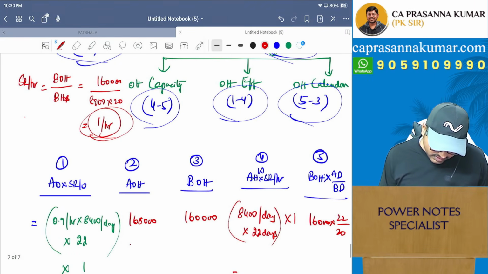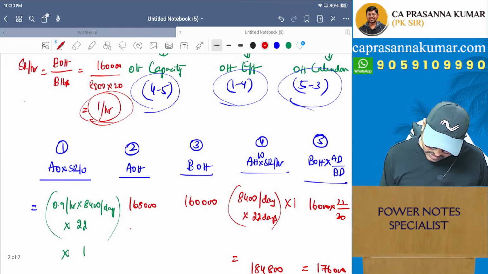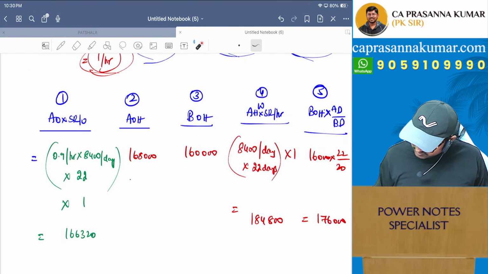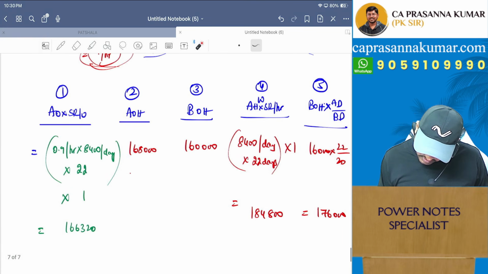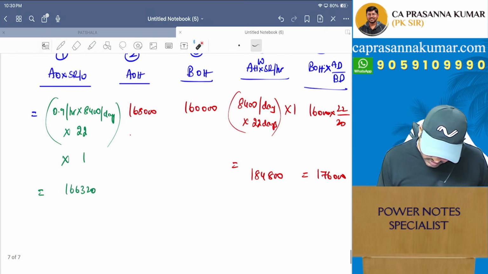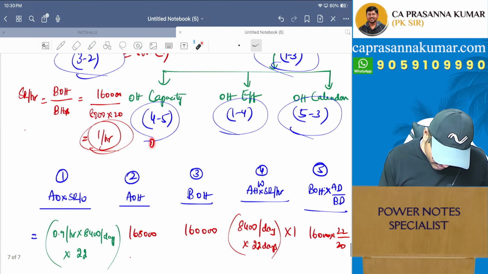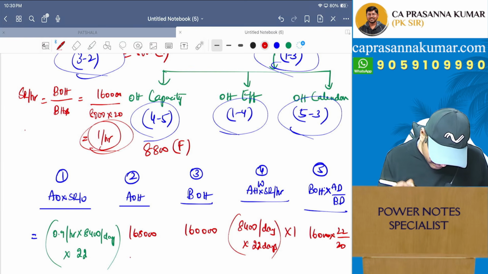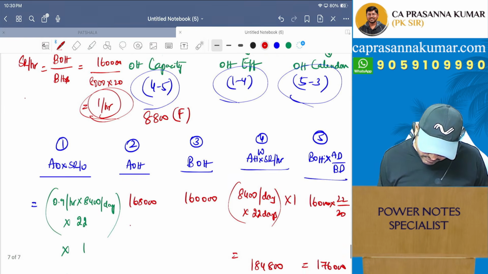Got it? Next, capacity variance, 4 minus 5. So 4 is 1,84,800 minus 5, 1,76,800. 8,800 positive, favorable. Capacity variance is 8,800 favorable. Okay. Next, efficiency variance, 1 minus 4.